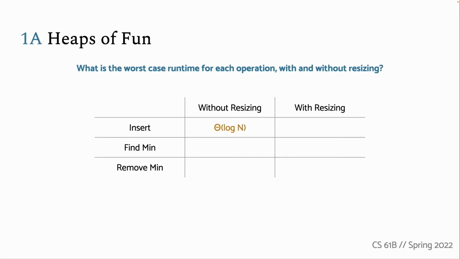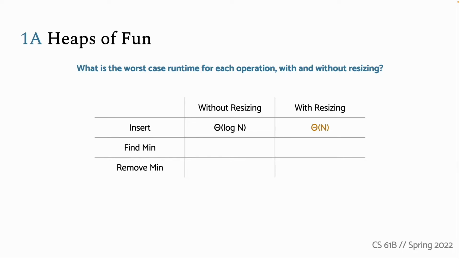So the height of our tree is always going to be log n. Now, with resizing, on the other hand, when we insert an item, we'll have to first copy over all the elements of our heap into a new array, which takes linear time, and then perform the same log n operation. That simplifies to just linear time because log n is a lower order term.